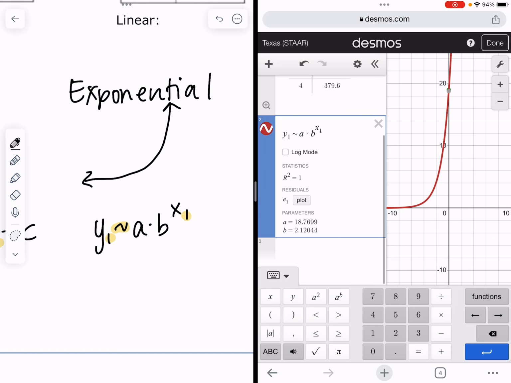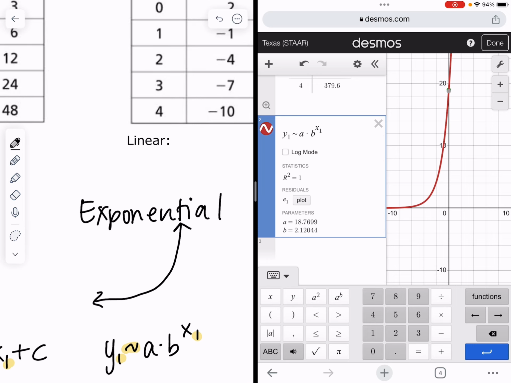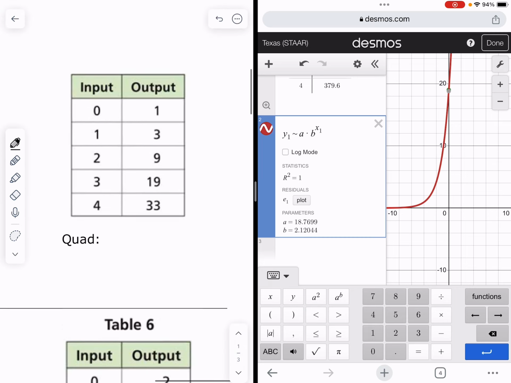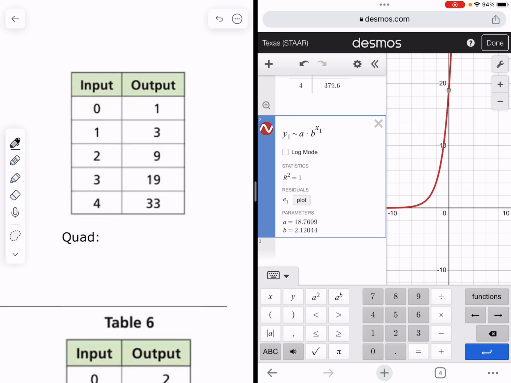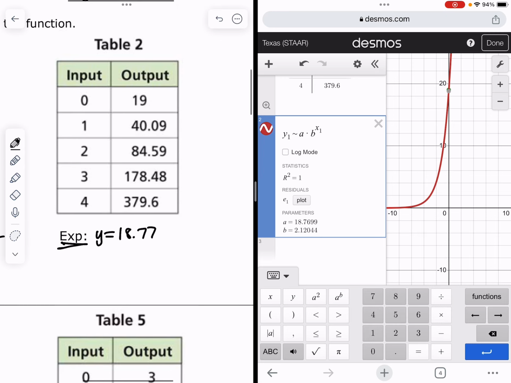And it says my a value is about 18.77, and my b value is about 2.12.